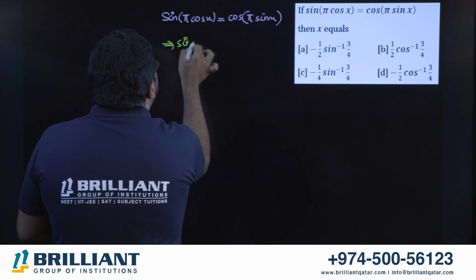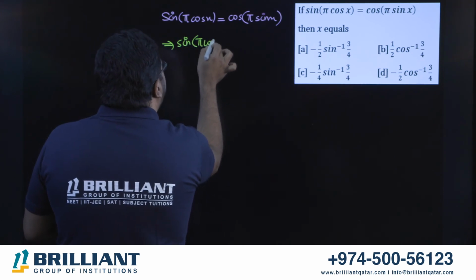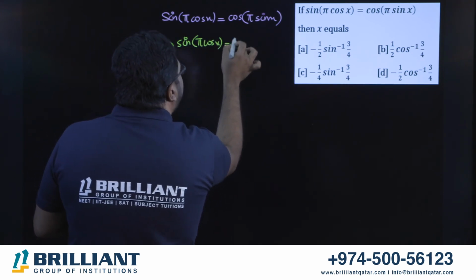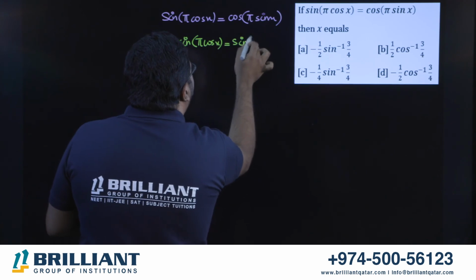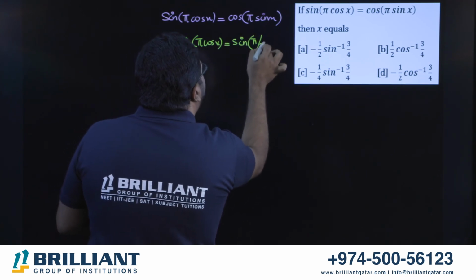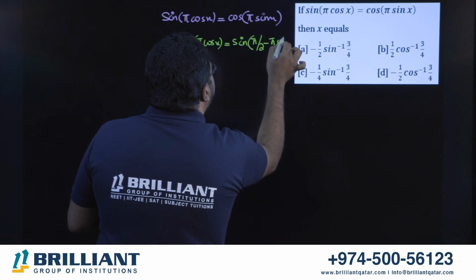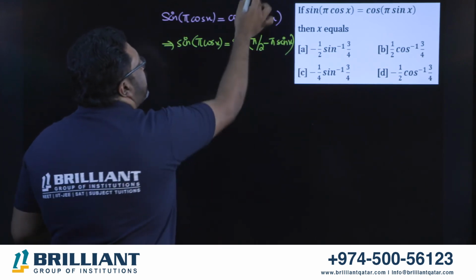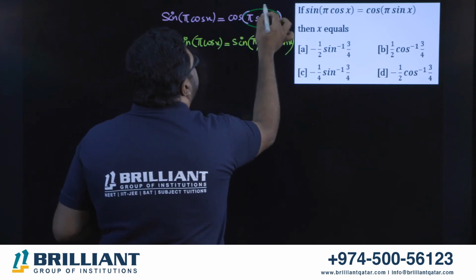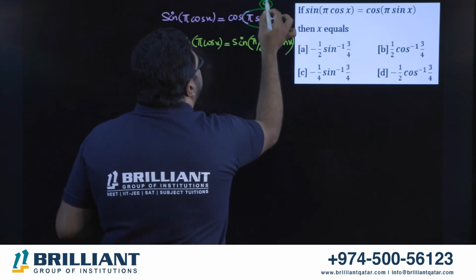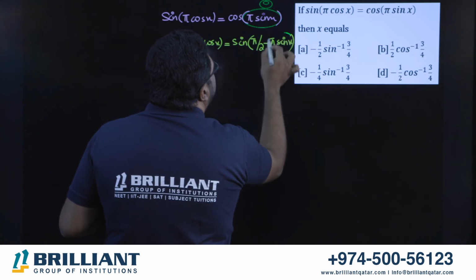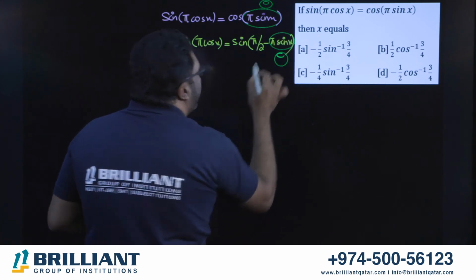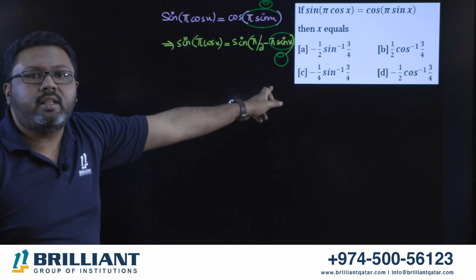First thing, I will say this is sine of pi cos x. And this cos will be written as sine of 90 minus x, for easy understanding. Cos theta is equal to sine of 90 minus theta.